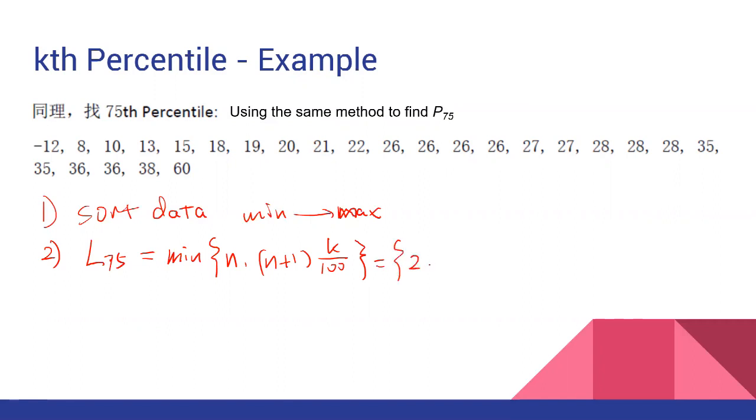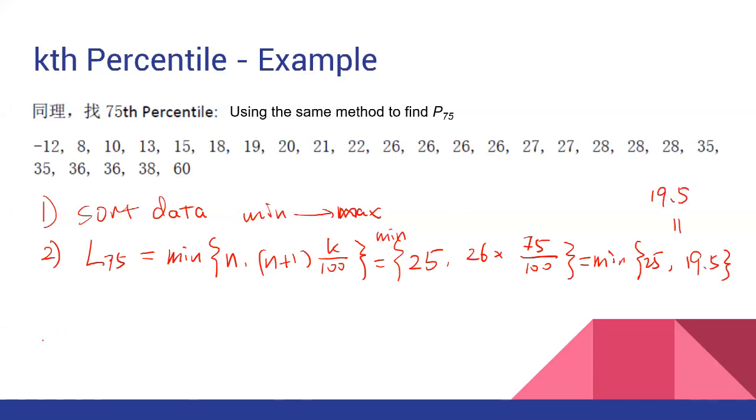Okay, which is 25, 26 times 75 over 100, which is the minimum value of 25 and 19.5, which is 19.5. So now we can find our 75th percentile, which is first locate the 19th element.